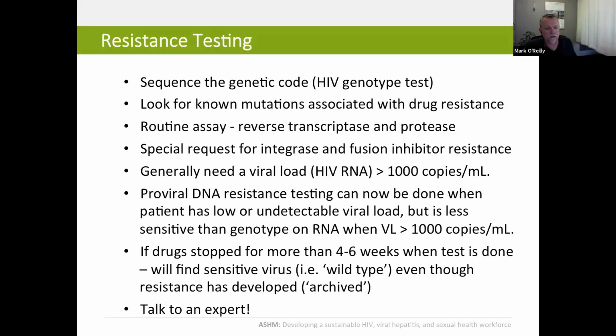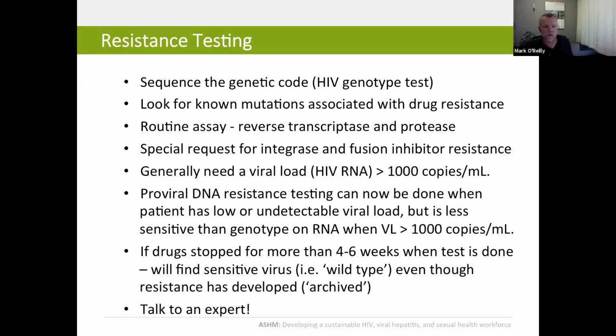If an individual has drug resistance mutations, but they stop their medications, and when you perform that test the viral load is done greater than 4 to 6 weeks after stopping the medications, any previous resistance mutations that they might have had documented may not be seen. Those resistance mutations are said to be archived, and the resistance genotype appears to be a wild-type genotype.